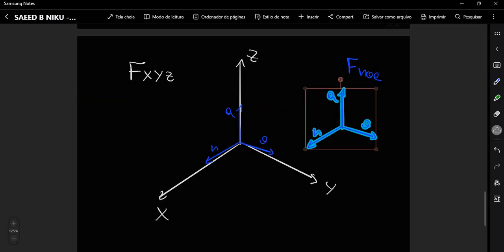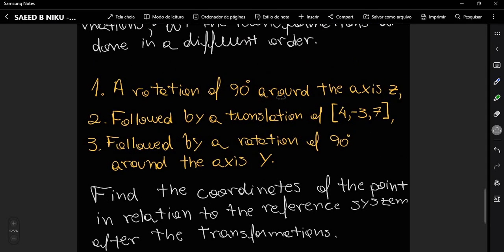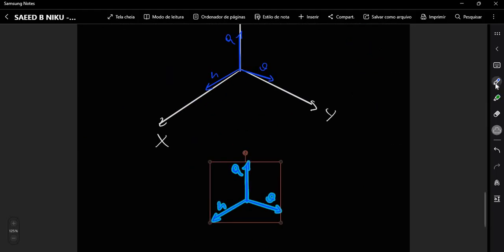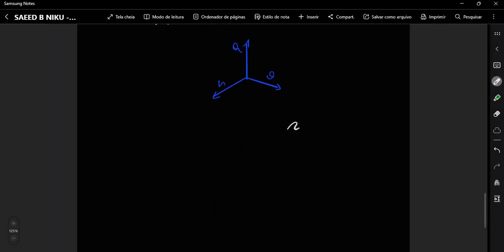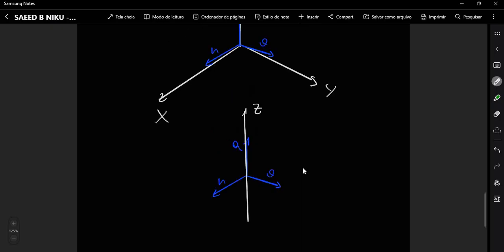And the first transformation is a rotation of 90 degrees about the axis Z. So I'm going to pass a line about the axis A, or unit vector, and apply the rotation of 90 degrees.